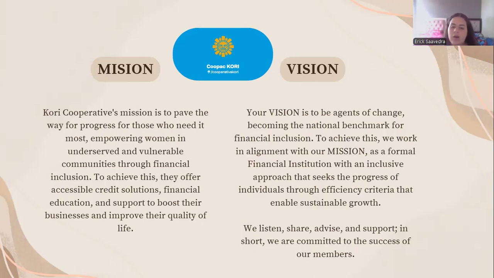On the other hand, their vision, which describes their aspiration for the future, is to be an agent of change and become the national benchmark for financial inclusion. To achieve this vision, Kori must apply a SMART goal.